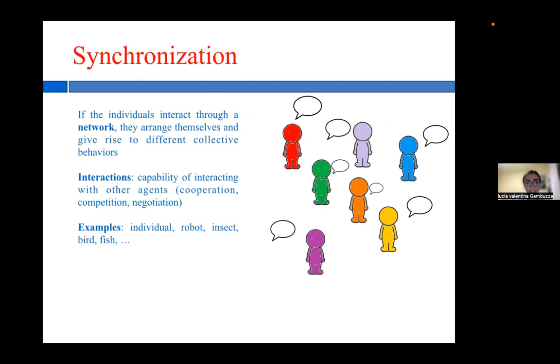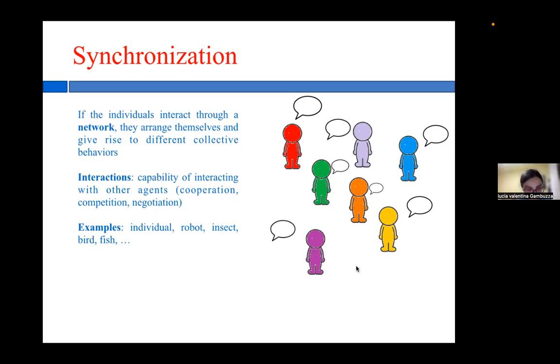In complete synchronization, all the units are interacting and the units are placed in a node of the network, and in global synchronization, all the units reach the same value. But global synchronization is not the only possible way in which they can interact.